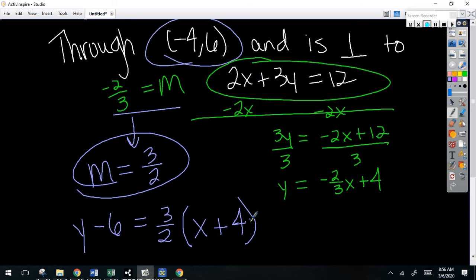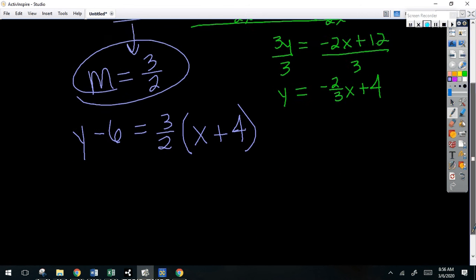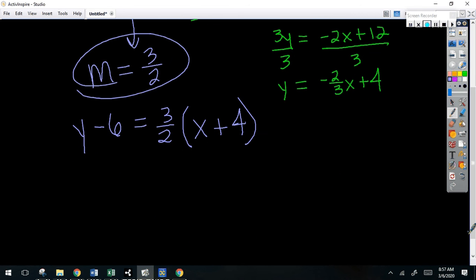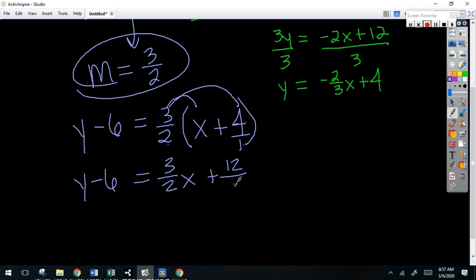If I am asked for another form, let's say slope-intercept, what can I do? I have y minus 6 equals, plus what? 3 times 4 is 12, over 2 is just what? 6.